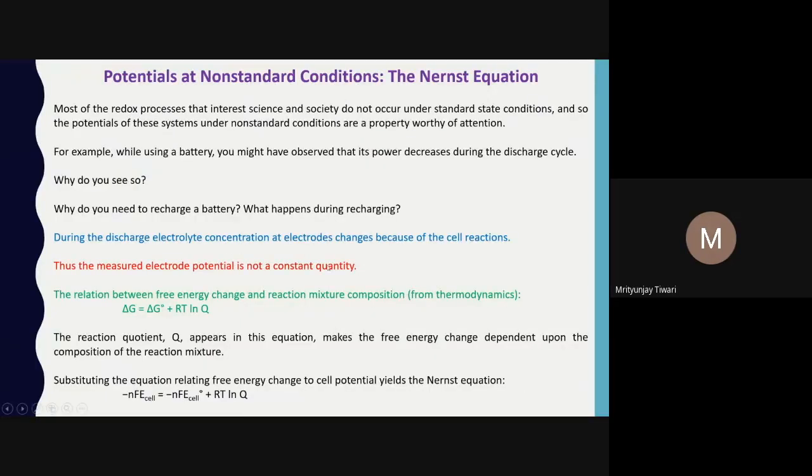During discharge, the electrolyte concentration at the electrodes changes because of the cell reactions.